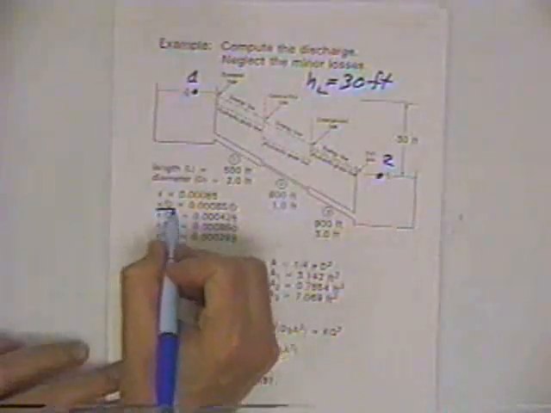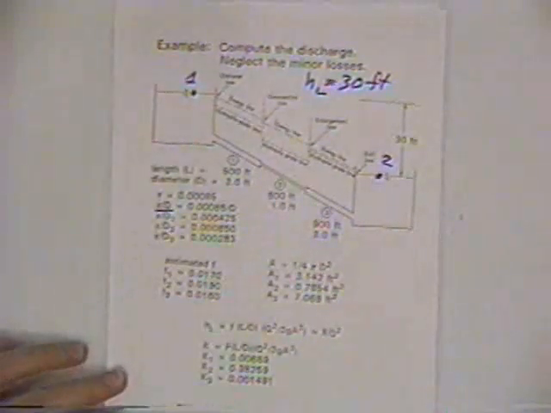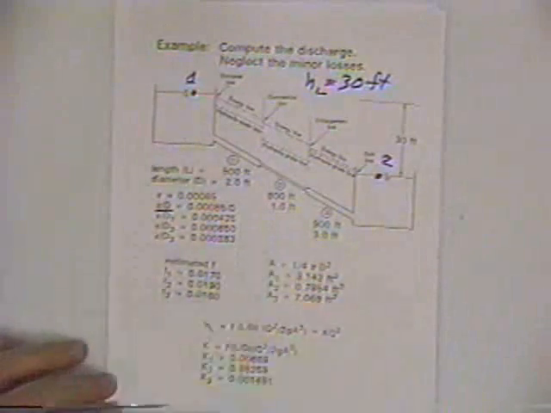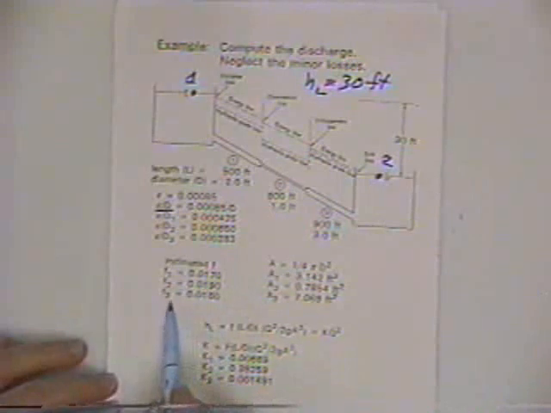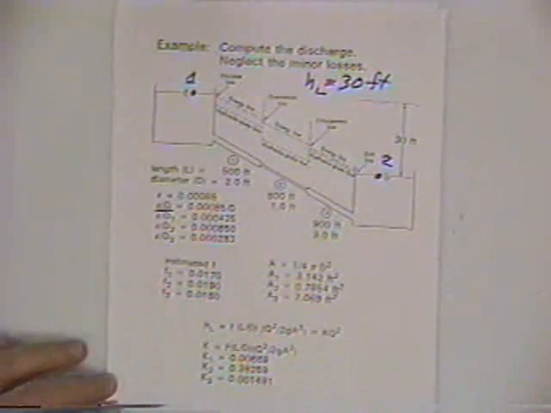So we need a relative roughness. For each of the pipes with the given diameters, we can compute a relative roughness, epsilon over D, which is one of the terms needed in the Moody diagram to get the f for the Darcy-Weisbach equation. Same story as before. The only difference is there are three pipes now. We'll estimate the friction factors without the Reynolds numbers and then check them.